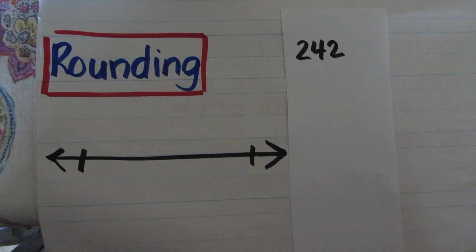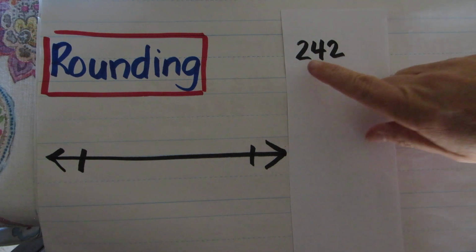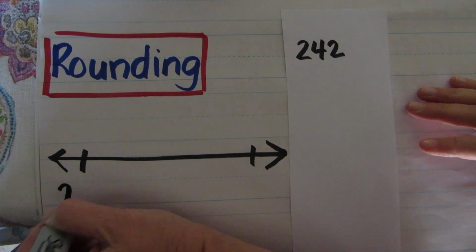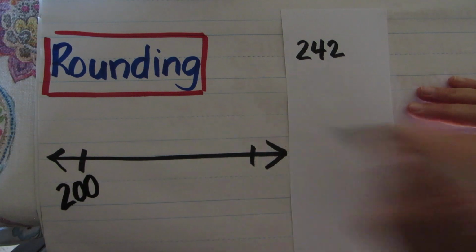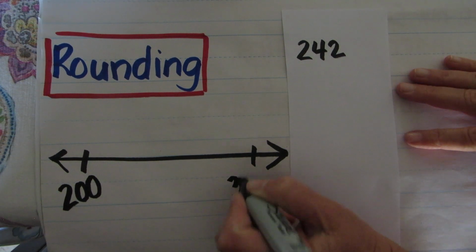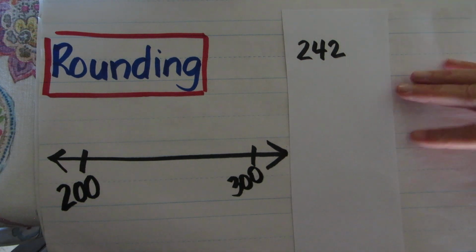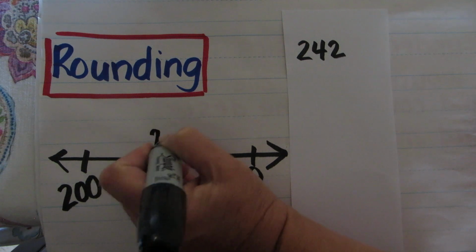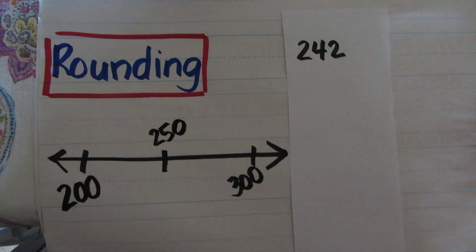So it's going to be just like how we started yesterday, as I'm going to start with this number, the 2 in the hundreds place. So 200 is the smaller hundred, and then if I go to the next hundred, that's going to be 300. So somewhere in the middle is going to be the number 250.